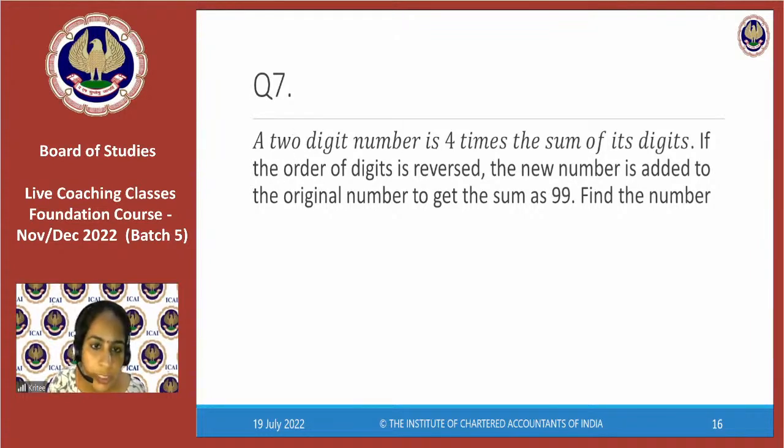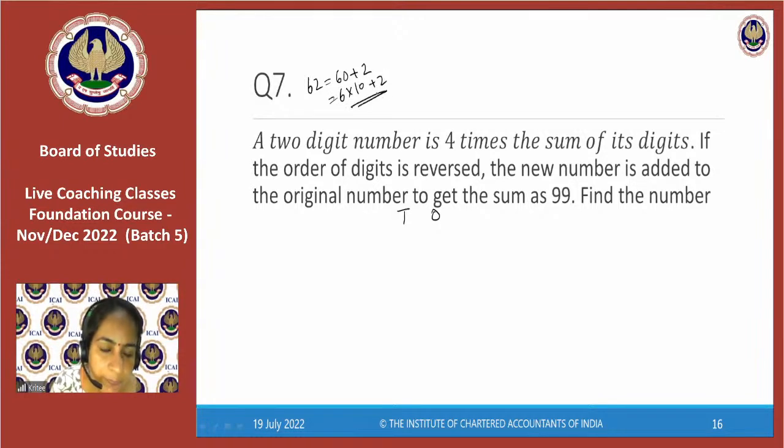So a 2-digit number is 4 times the sum of its digits. So in your childhood days, you remember a 2-digit number, one with the tens digit and the other one with the ones digit. So whenever I say a 2-digit number, supposedly I'm talking about, let's say 62. What does 62 mean? 6 tens plus 2. So it is 6 into 10 plus 2.